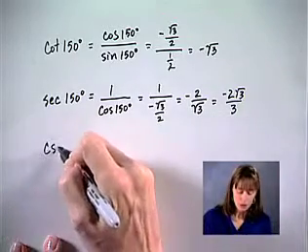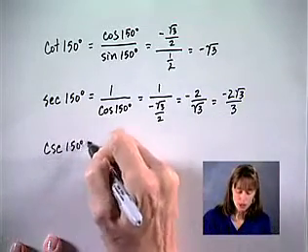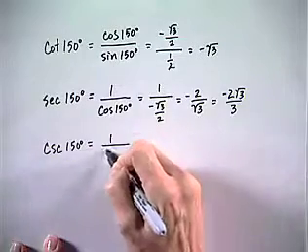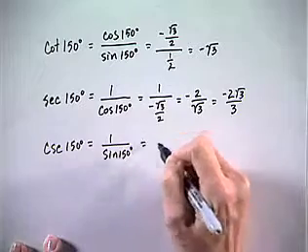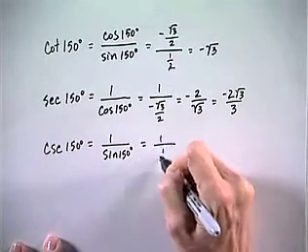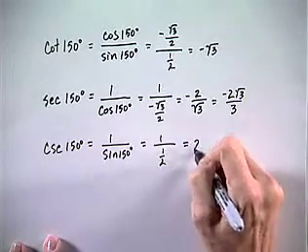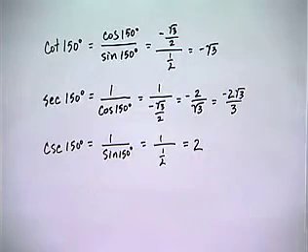And finally, cosecant 150 degrees is 1 over sine 150 degrees, which is 1 over 1/2, or 2. Let's move on from here and look at some graphs, starting with the graph of the tangent.